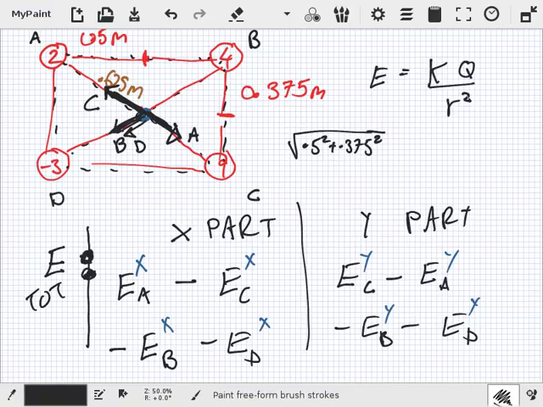Now the good news is, for the definition of electric field strength, the formula is E equals F over Q, per unit charge. So we imagine the Q is 1. So then the electric field strength just becomes K over R squared.